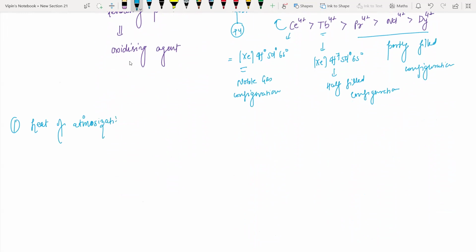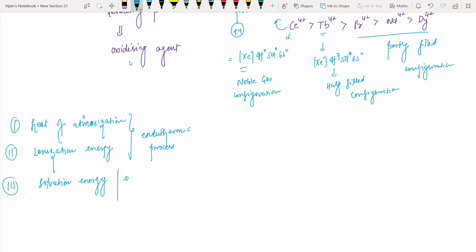Another is the ionization energy. Both of these are endothermic processes. And the last one is the solvation energy. In case of aqueous medium, it is hydration energy. This is an exothermic process.